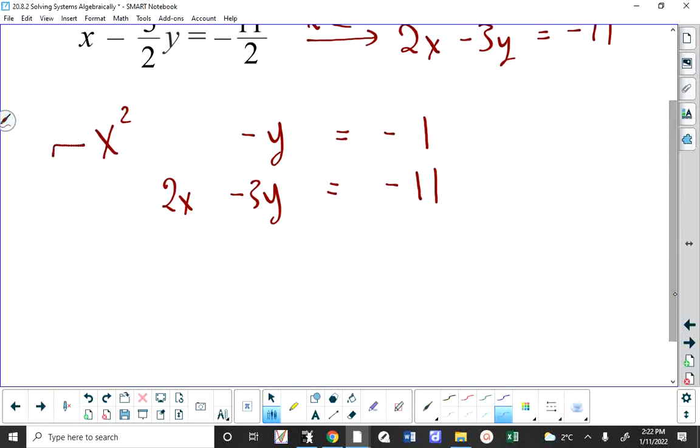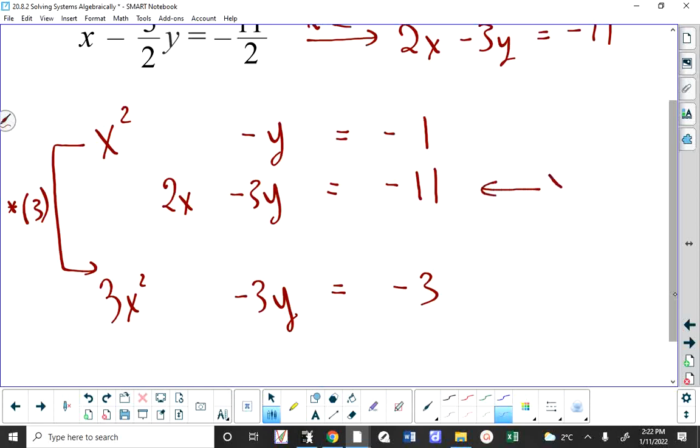I'm going to multiply this equation by 3. And the top equation is going to become 3x squared minus 3y equals negative 3. So these are the two equations I'm looking at right now. Since I've multiplied this equation by 3, I'm no longer worried about that equation. I'm worried about the equation I get.